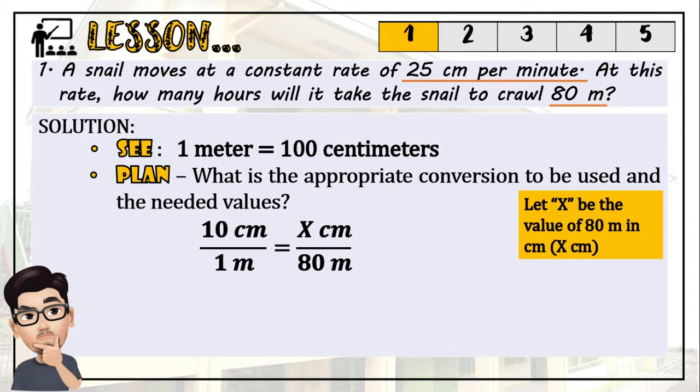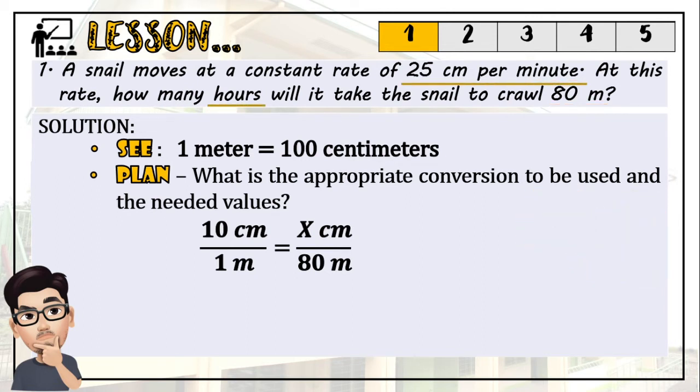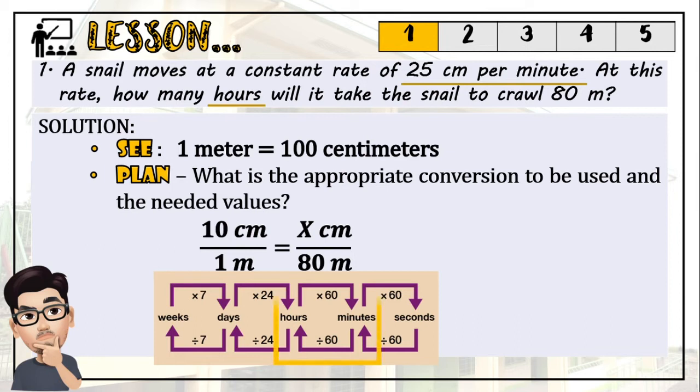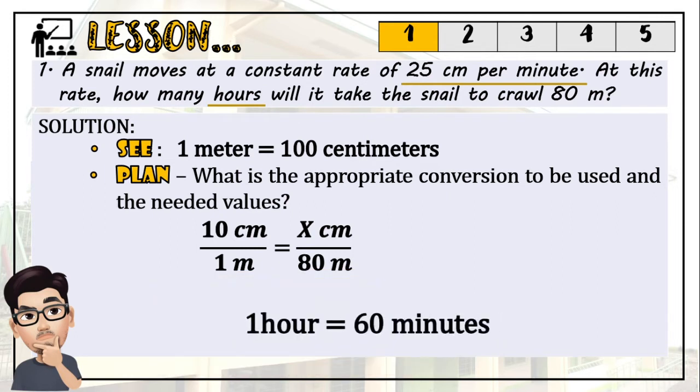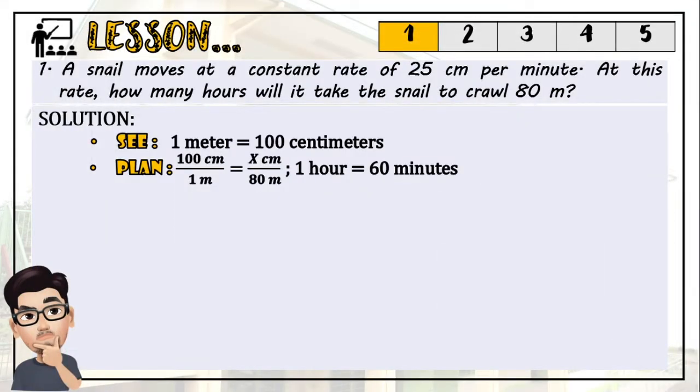So that will be 100 cm over 1 m equals x cm over 80 m. So we are going to have another one, which are the minute and the hours. So in this case, we're going to focus on the hours and the minutes. So meaning 1 hour is equal to 60 minutes. That's the other conversion unit that we're going to need.